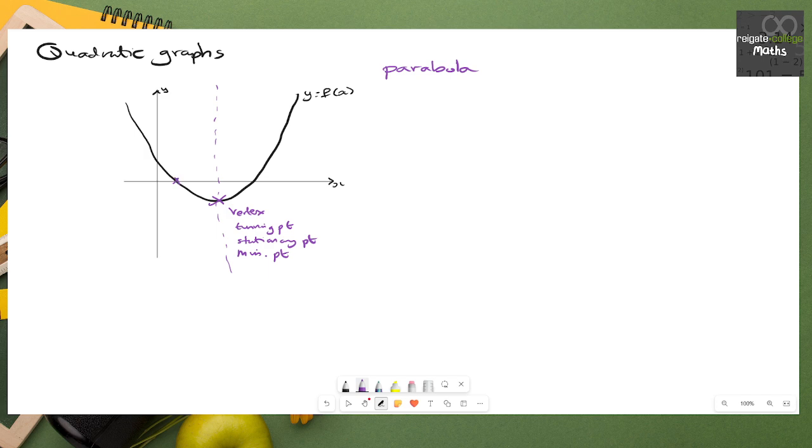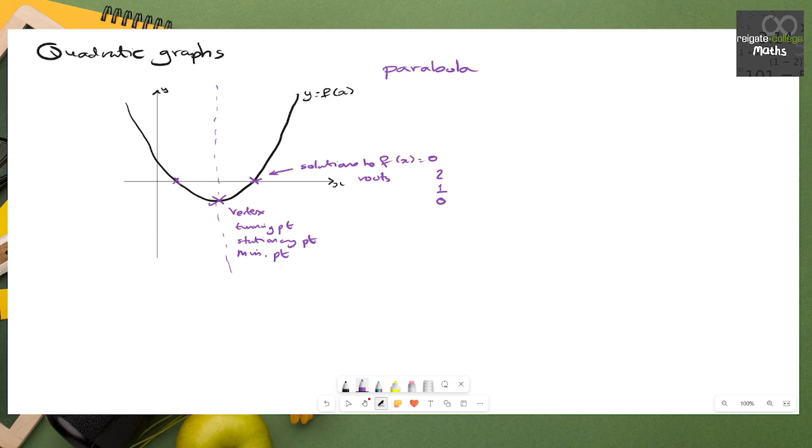Here we have 2 points, in this case where the graph crosses the x-axis. These are the solutions to f of x equals 0, or the roots. Quadratics can have 2 real roots, 1 real root, or no real roots.